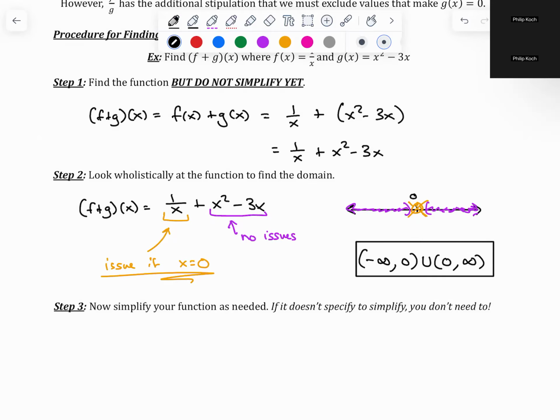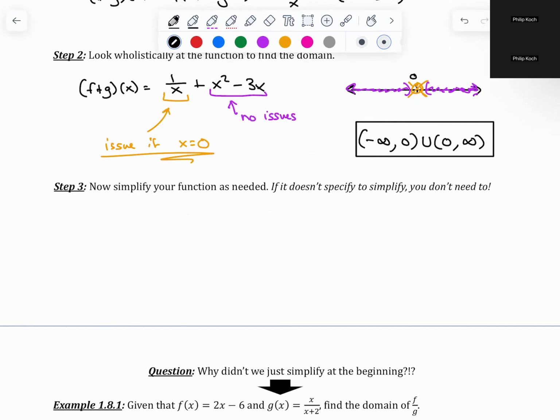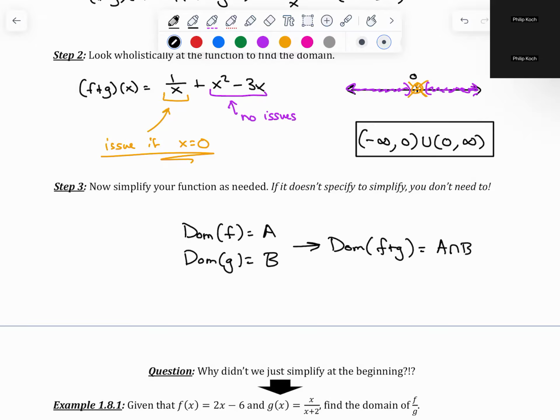So the way the textbook will say this, and if you're looking at Alex, it might even say this, is like, don't write this down. The domain of F is equal to A, the domain of G is equal to B, and that means that the domain of F plus G is equal to A intersect B. The intersection symbol is an upside down U. That's what they'll write, but we don't have much knowledge of set theory, so this doesn't make much sense to us, and I don't want to spend time on it because it's not relevant until you get into Math 251.